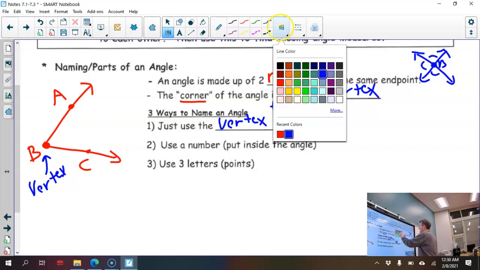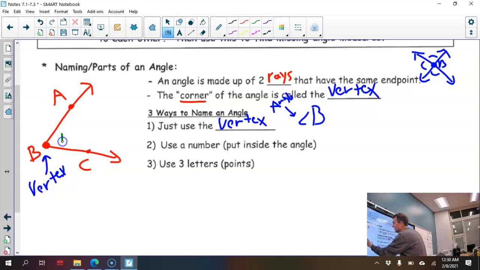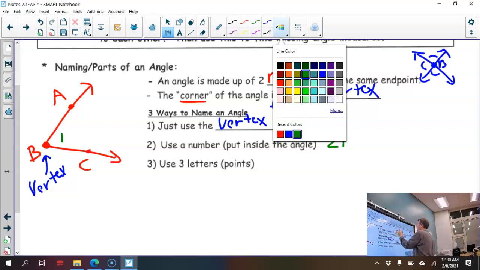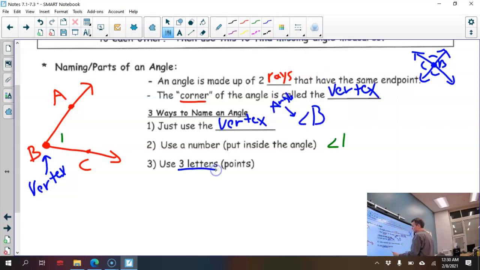A great way to name an angle is using a number. A lot of times they'll just put a number inside the angle, and I could just call this thing angle 1. That always works if there's numbers inside the angle. It's a quick, easy way to do it. But the most common way is to use 3 letters. This particular angle would be angle ABC or angle CBA.